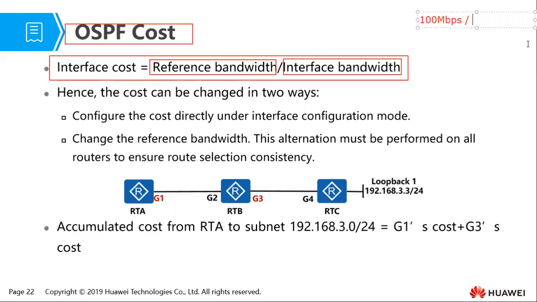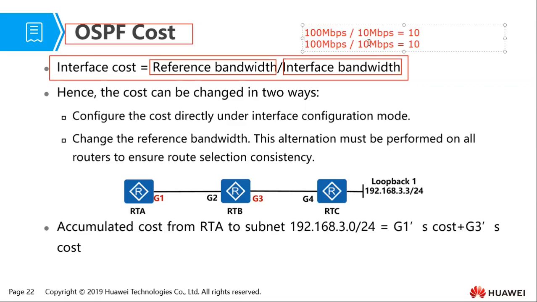Okay, so for example, if an interface has a speed of 10 megabits per second, then the cost for that interface is going to be 10, right? Similarly, if the speed of an interface is 100 megabits per second, then the cost is going to be 1.